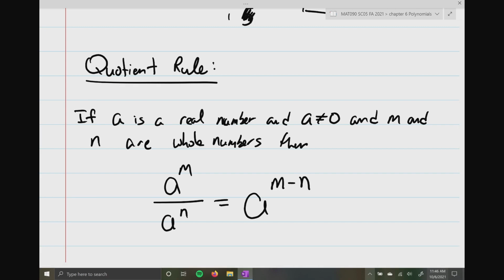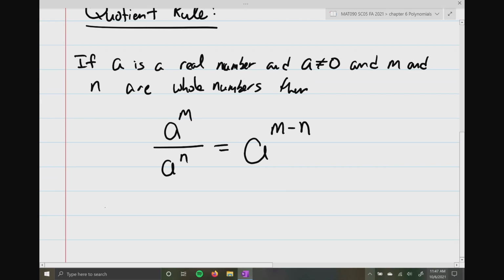All right? Now your book gives you this really crazy looking rule. So I just broke it down into basic language here. Now, let me show you what I mean.